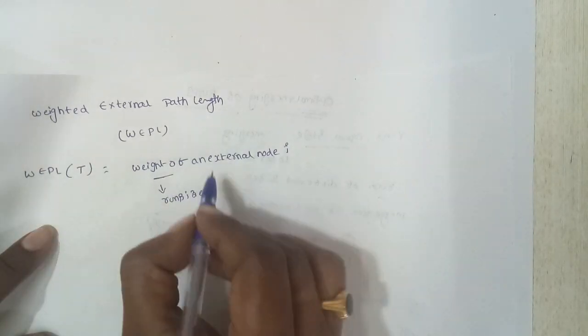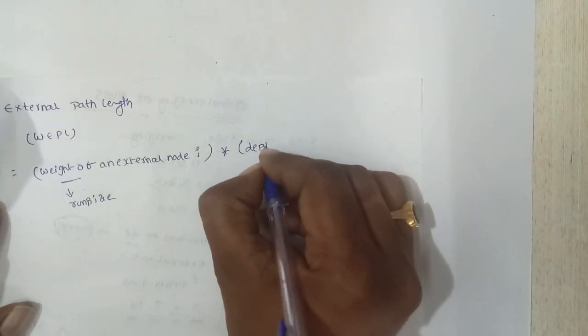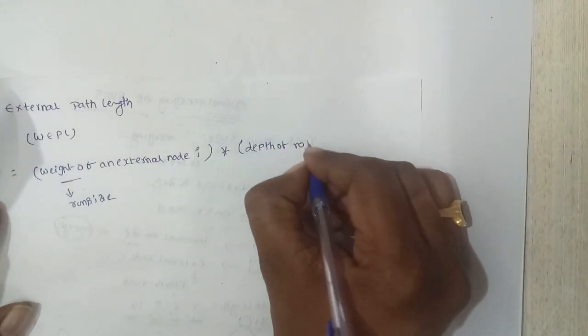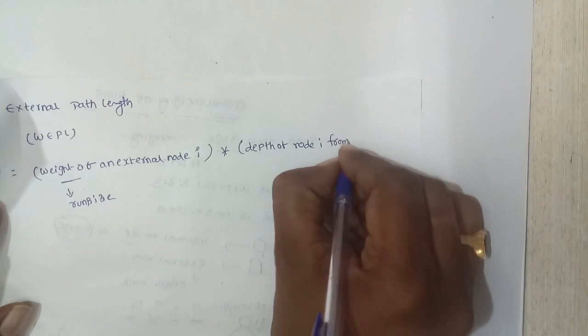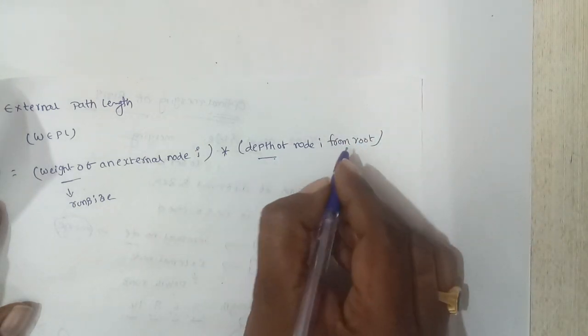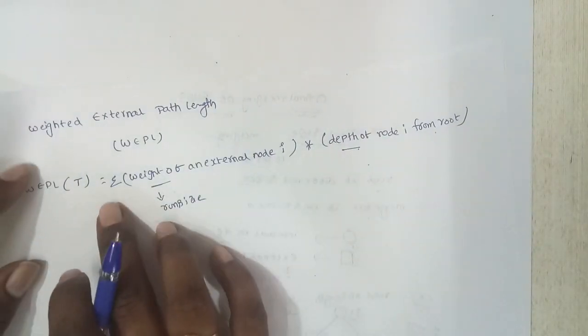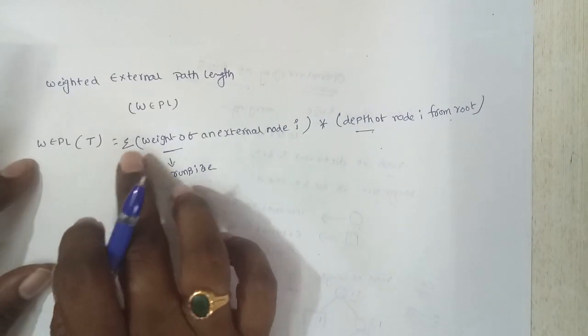The formula is the weight of an external node times the depth of the node i from the root. The depth of the node means the path length from the root node to that particular node. Take the sum of all, so apply the concept for each and every node.